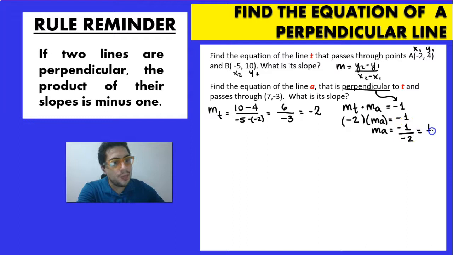That means that the slope of A is 1/2. Now that we have found both slopes, we just have to find the value of b, right?